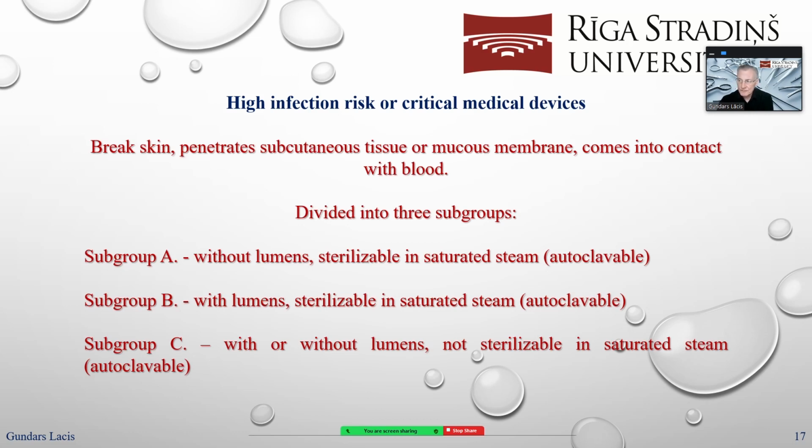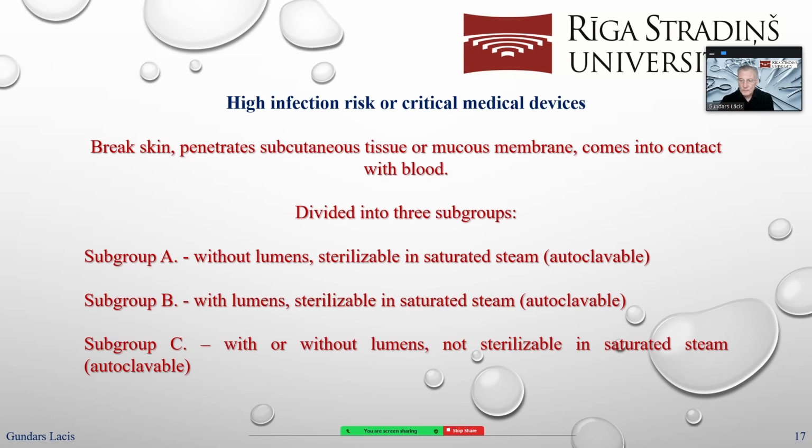And here is the difference. For example, you have a small manipulation with the patient, but accidentally this instrument contacts with blood without any breaking of skin or penetrating subcutaneous tissue. At the same moment when this instrument contacts with blood, it becomes high risk.